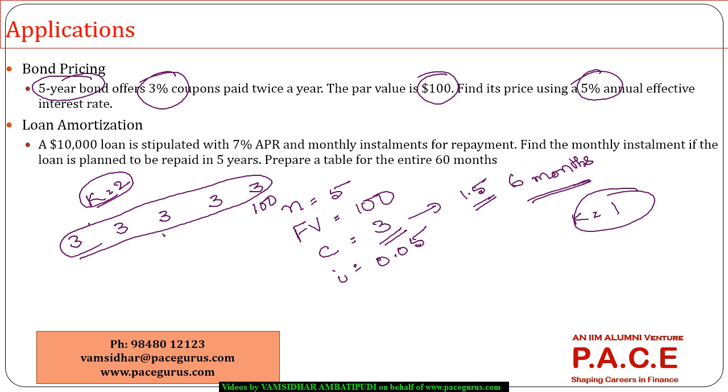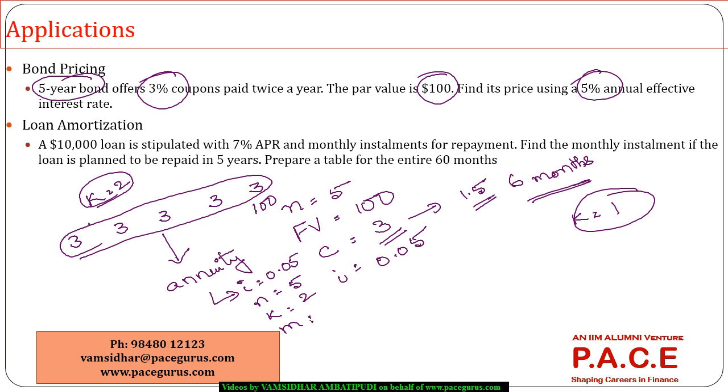So corresponding to this 3, I can treat it as an annuity wherein my I is 5%, my N is 5 years, K is 2, where the payments will be made 2 times a year.